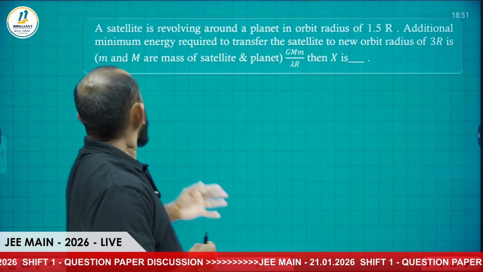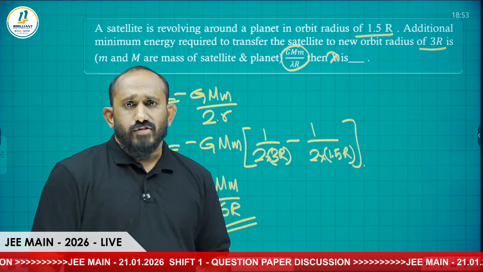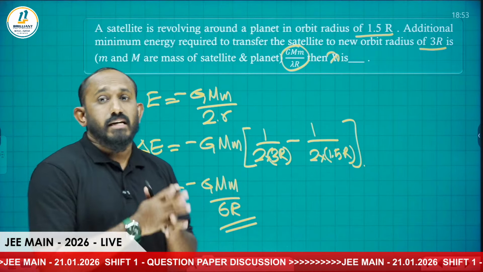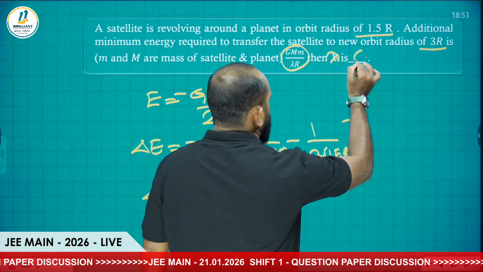If you solve it, 1 by 6R minus 1 by 3R, it will be how much? It will be minus 1 by 6R. So it will be negative GMm by 6R. It is a direct question from the chapter Gravitation regarding energy of a satellite. So our lambda will be 6. The answer is 6 here.